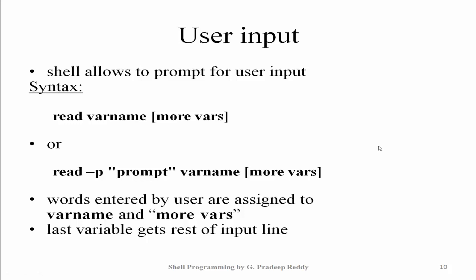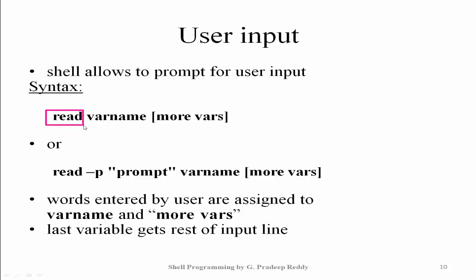User input. How to read an input from a specified user. For example, you give an echo command, enter a value. The value should be read by the read command. It is something like scanf in C, or System.in in Java.